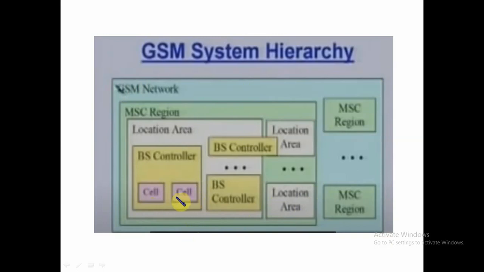Each cell has a base station, and a cluster of cells is controlled by something called the BSC, or base station controller. We are not limited to a single base station controller. I can have several base station controllers, each having their own set of cells.